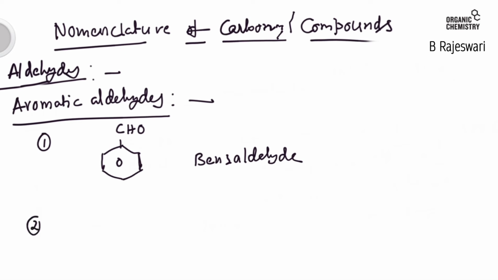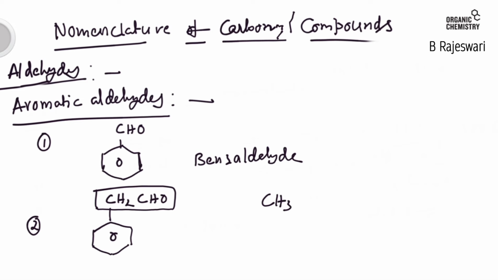In the second case, the aldehyde group is present in the side chain. So this is the side chain. What is this compound? This compound is acetaldehyde. So in acetaldehyde, if one hydrogen is replaced with a phenyl group, then you get this compound.